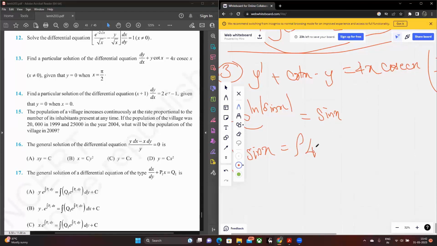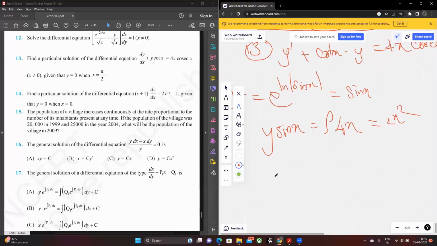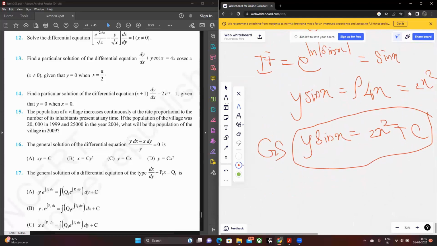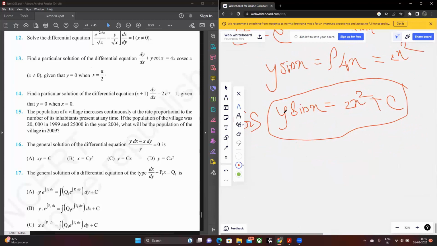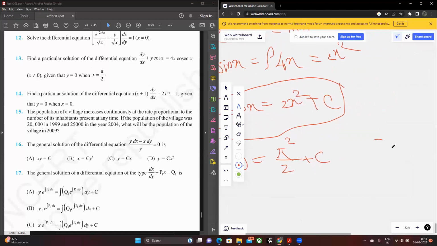Therefore, this is equal to integral of 4x, that is equal to 2x squared. Therefore, y sin x equals 2x squared plus c. That's the general solution. Since we have a particular point (pi/2, 0), here it's 1 into 0 is 0, and here 0 is equal to pi squared by 2 plus c, or c is equal to minus pi squared by 2.